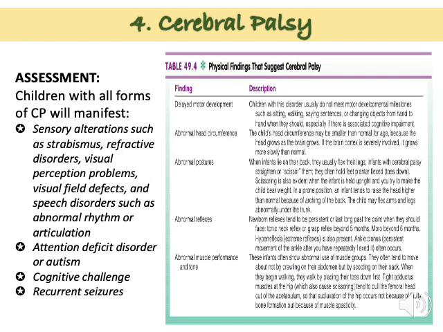Table 49.4 shows the physical findings that suggest cerebral palsy regardless of the type. There's delayed motor development, abnormal head circumference, abnormal postures, abnormal reflexes, and abnormal muscle performance and tone. Children with all forms of CP will also manifest sensory problems and speech disorders.